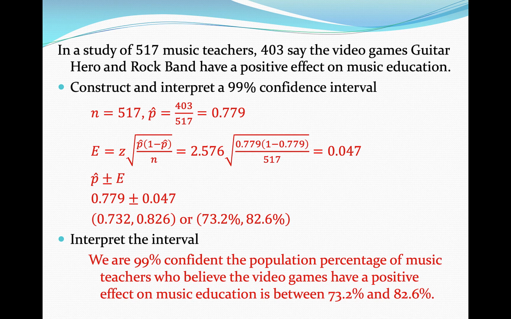It doesn't have to be word for word what I write there, but you should make sure you have the main components: how confident you are, the population percentage or population proportion in the context of the question, and that you are confident it is within that interval. Those are the components that you need in order to interpret a confidence interval. So something like: we are 99% confident the population percentage of music teachers who believe the video games have a positive effect on music education is between 73.2% and 82.6%.